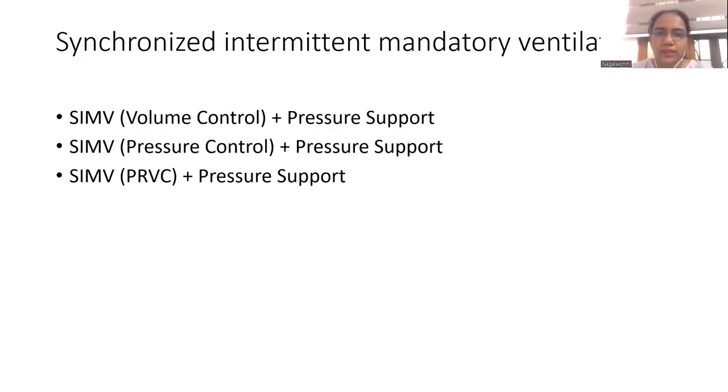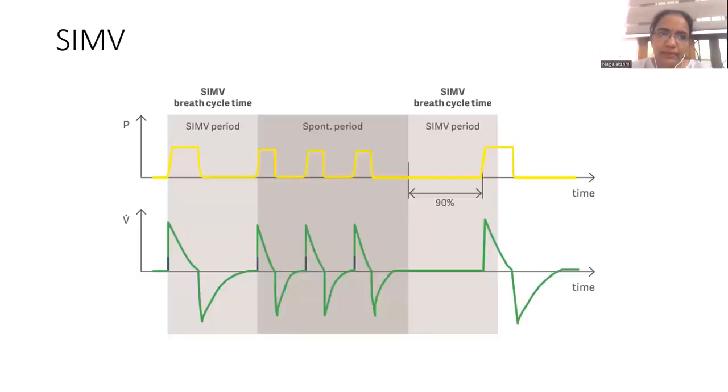Now coming on to synchronized intermittent mandatory ventilation. Here, the ventilator allows the patient to breathe himself also. The patient might need a partial ventilatory support, and the ventilator allows the patient to breathe and supports the ventilation which the patient triggers. And if the patient is not breathing, the ventilator delivers a machine breath. So this is synchronized intermittent mandatory ventilation.